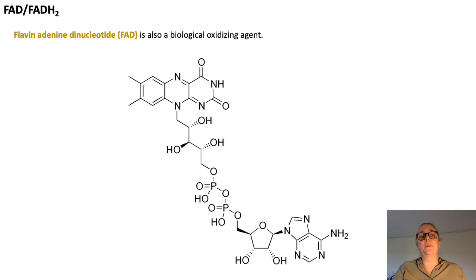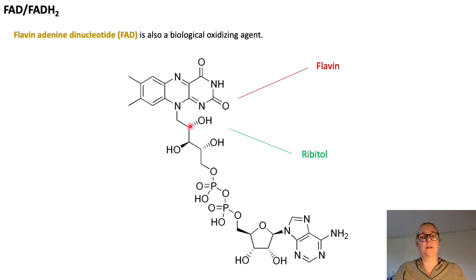FAD, or FADH2, also known as flavin adenine dinucleotide, is also a biological oxidizing agent. So the structure of this includes a flavin part.